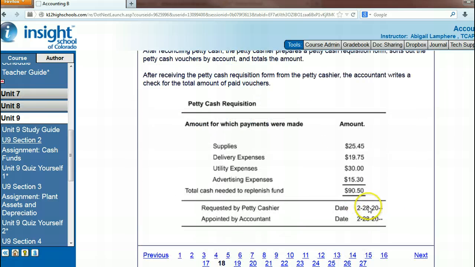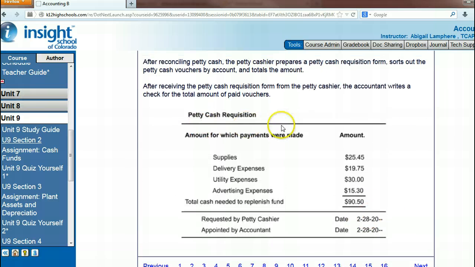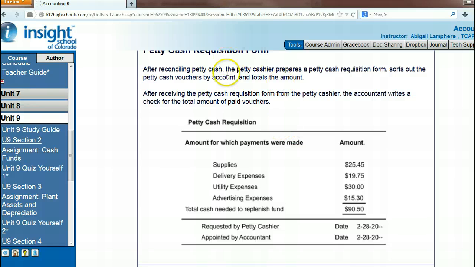Okay, then we put together a petty cash requisition form. After reconciling petty cash, the cashier prepares a petty cash requisition form, sorts out the petty cash vouchers by account, and totals the amount.